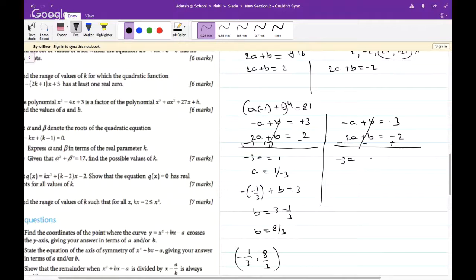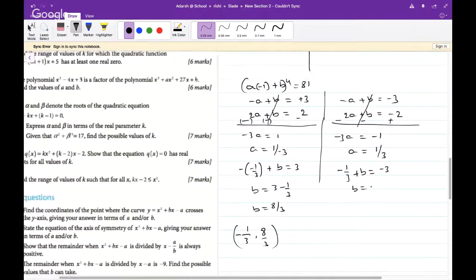Again minus 3a is equal to minus 1, so a is equal to 1 by 3. So b you get it to be minus 8 by 3. So in this case you have plus 1 by 3 comma minus 8 by 3.